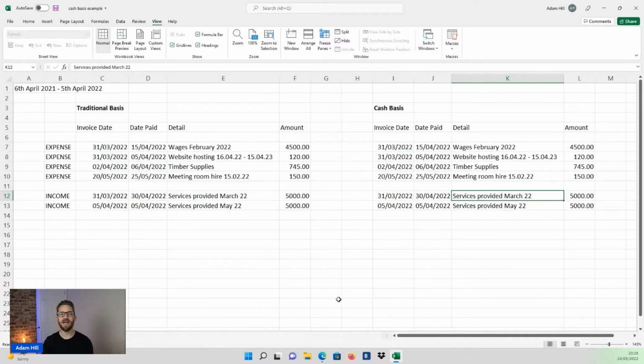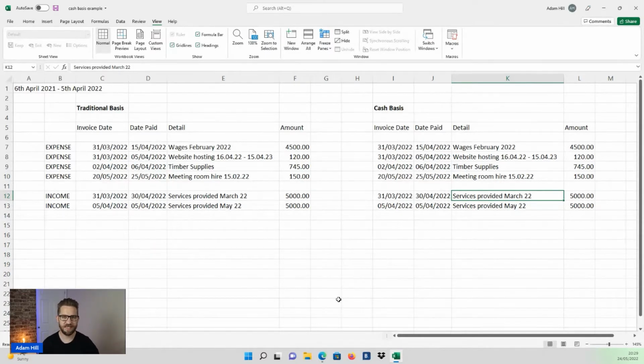Now, that might sound very straightforward, but it can actually be a little bit more complicated because quite often you're going to incur expenses today, but you won't actually pay for them until a much later date. And it's the same with income. You can earn income today, but you might not get paid until the end of next month. So this way of accounting requires more thought and more detailed record keeping.